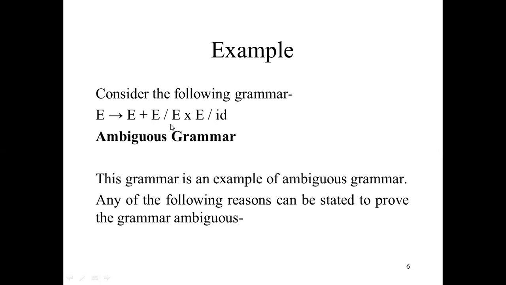Now how we will proceed in this case? Here we have the options E plus E. But here is E divided by E, slash means E divided by E. Now multiplication again with E, then again this division or slash ID.